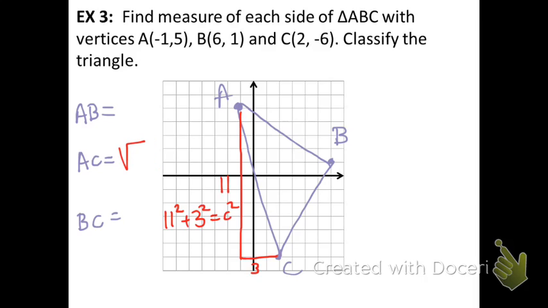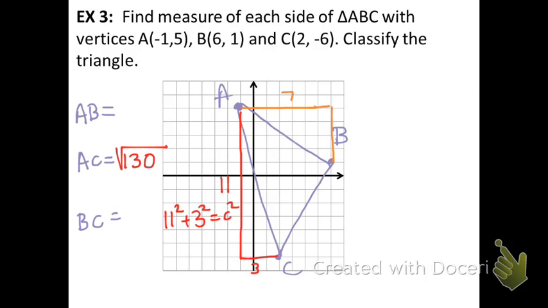Let me rewrite that. Okay, for AB, we're going to do the same idea. I'm going to draw this triangle here. Now you could actually use the distance formula, but I think this is pretty fast.